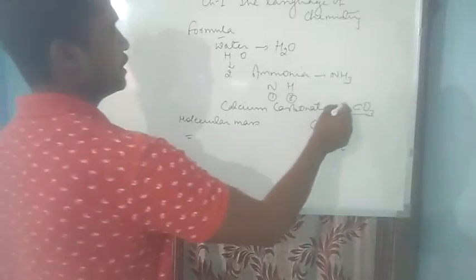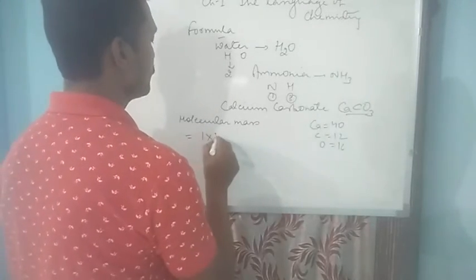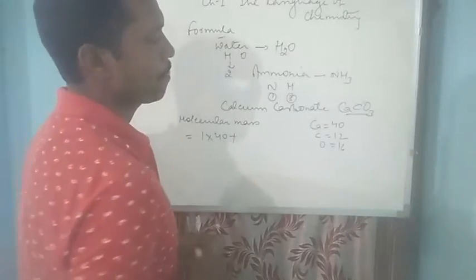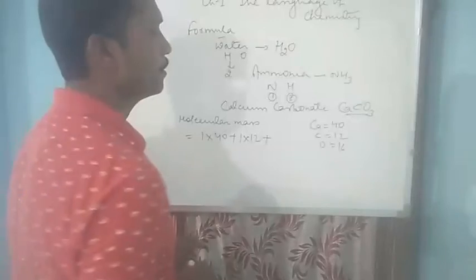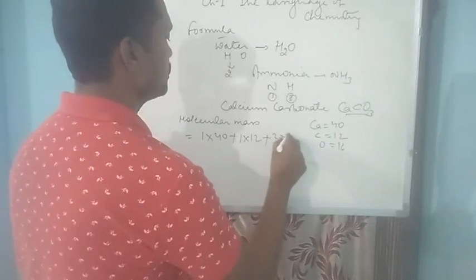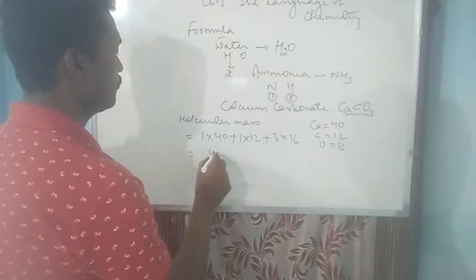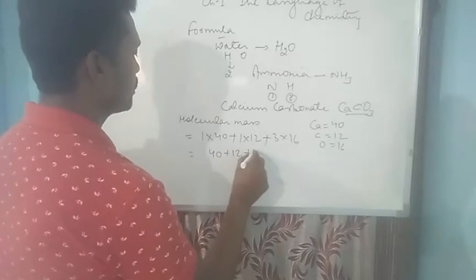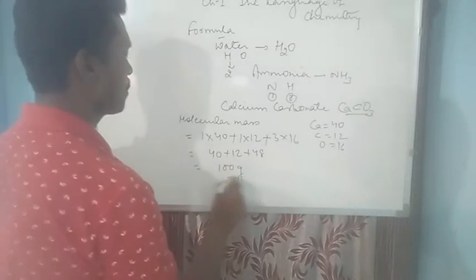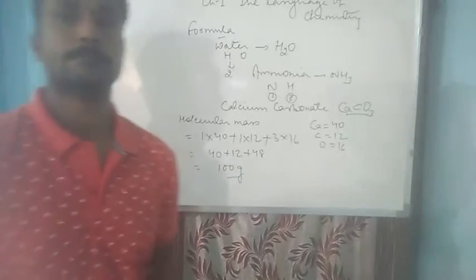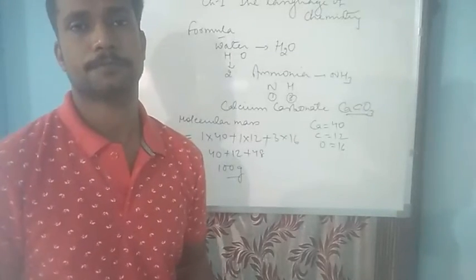There is 1 calcium atom, so 1 times 40. Carbon is also 1, its atomic mass is 12. Oxygen is 3 and its atomic mass is 16. So we are getting 40 plus 12 plus 48, which is 100. This is how we can calculate the molecular mass.